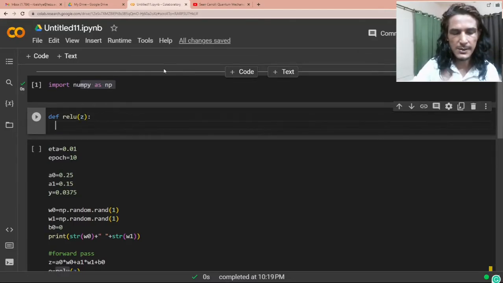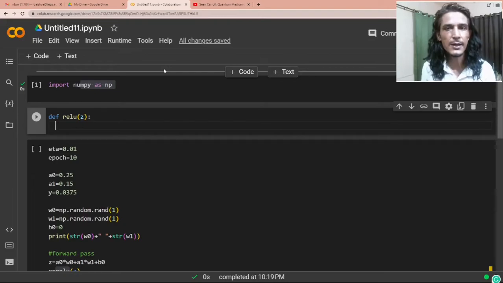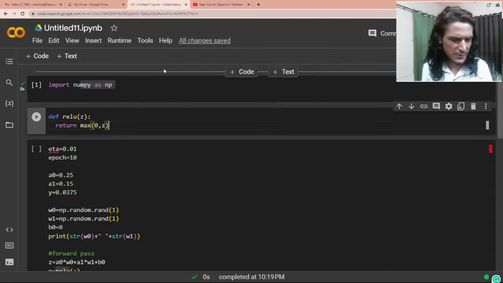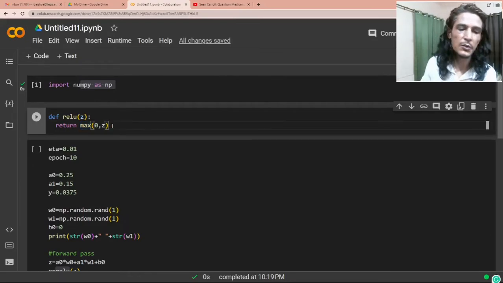As we have seen, the output of relu is whatever the input is if it is positive, otherwise 0. So we want to return the maximum of 0 and g. For any negative number, 0 is the maximum, otherwise the input is the maximum.